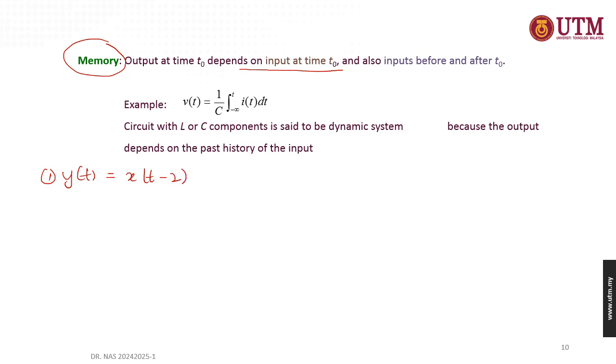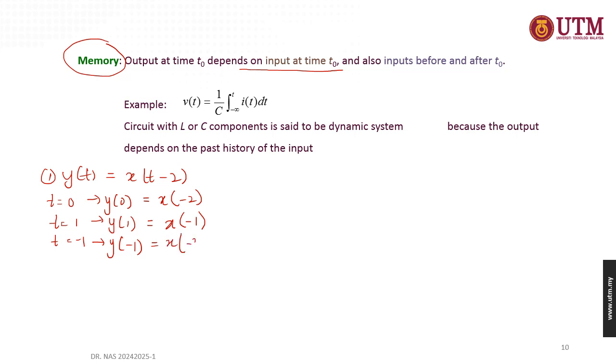Again, if we try t equals 0, you get y(0) equals x(minus 2). If we try t equals 1, y(1) equals x(1 minus 2), which is x(minus 1). If t equals negative 1, y(minus 1) equals x(minus 3).